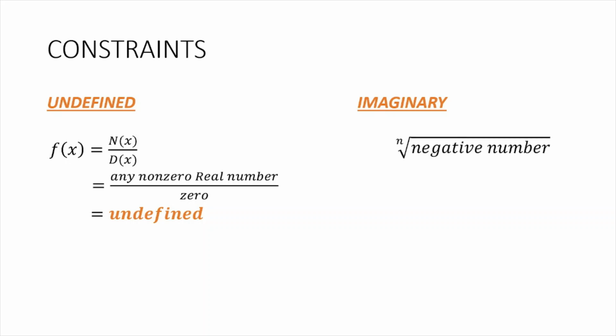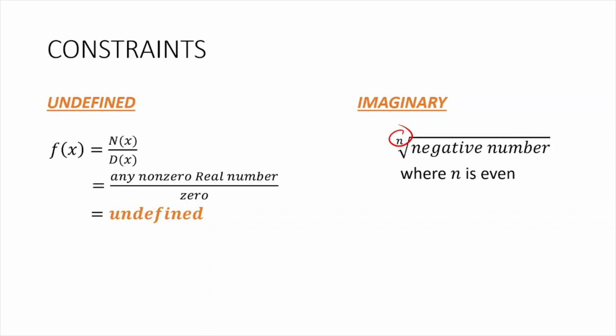So n here is the root or the index of our radical, and if n is even, like square root, fourth root, sixth root, and then coupled with a negative radicand, so radicand is the number or the value under the radical. So again, we have an even root or index, and then coupled with a negative radicand, then this is an imaginary number. Again, a basic example of this is square root of -1.